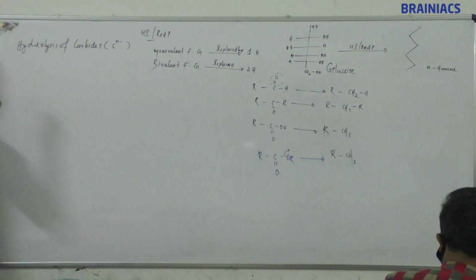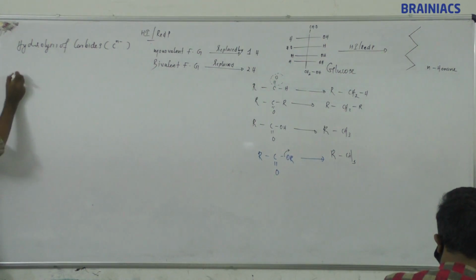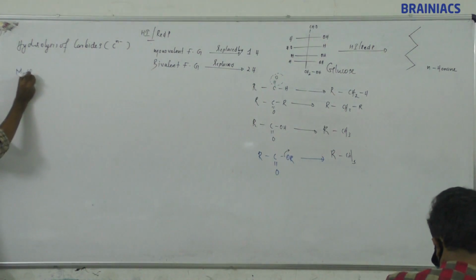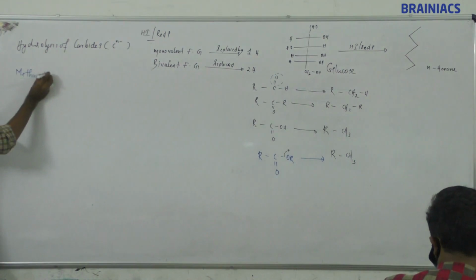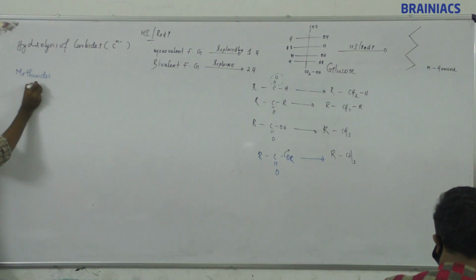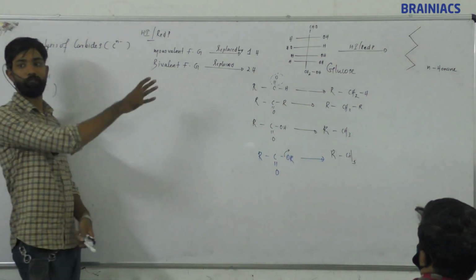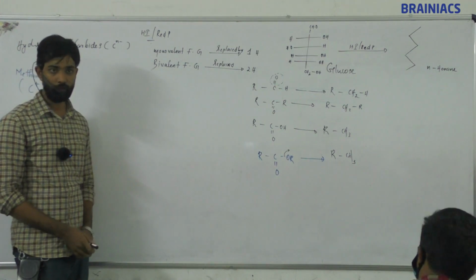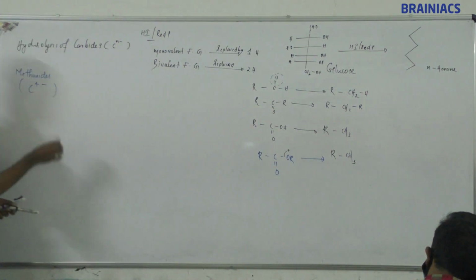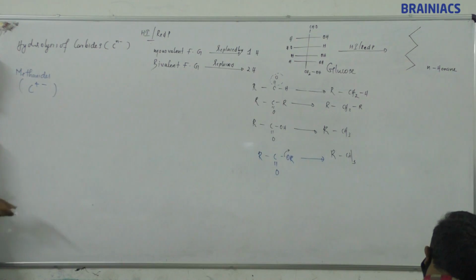Okay. But here we need carbide of methanides. Carbide of category methanides. Methanides means a carbide of C4 minus. Okay. Any carbon with negative charge is generally said to be carbide. Here we need carbide of methanides.